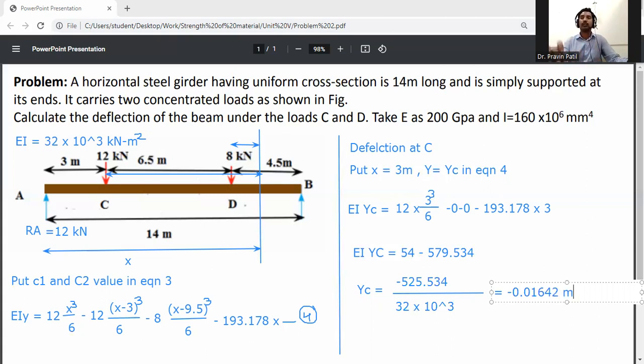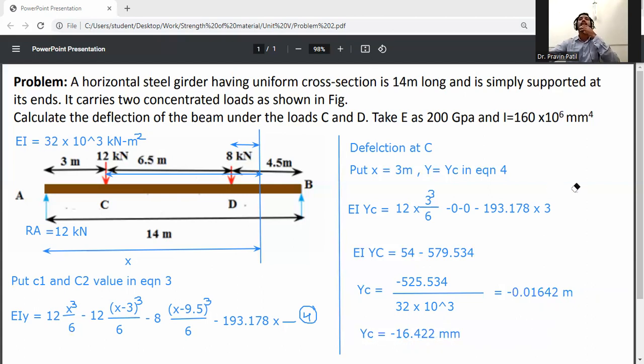Convert it into mm, multiply by 1000, meter to mm, so minus 16.422 mm. So deflection at C we got is minus 16.422 mm.